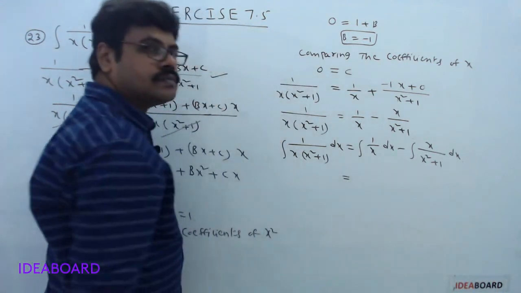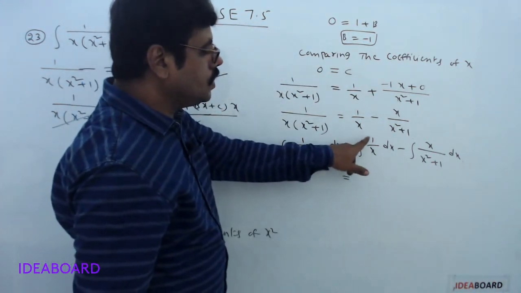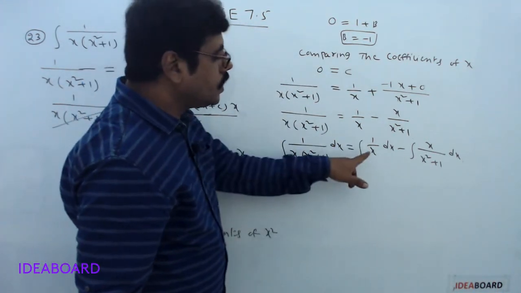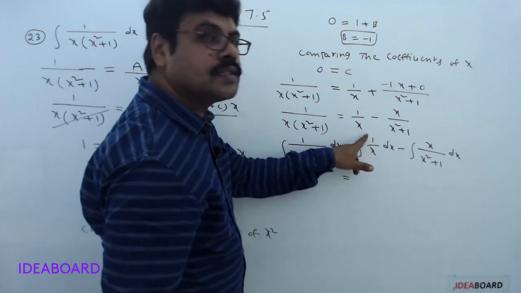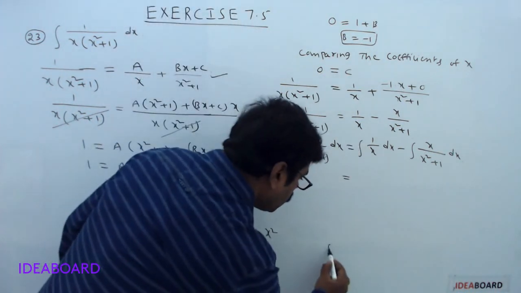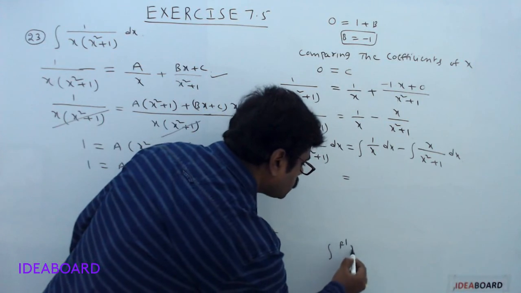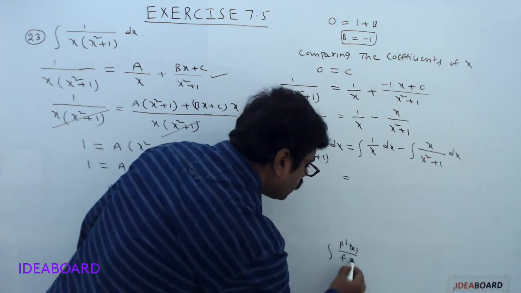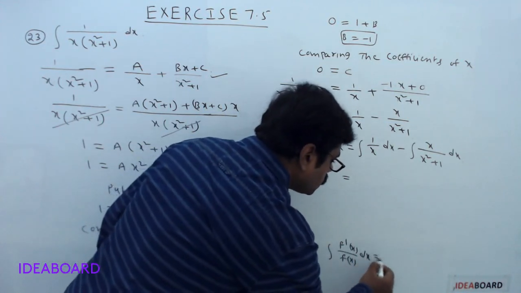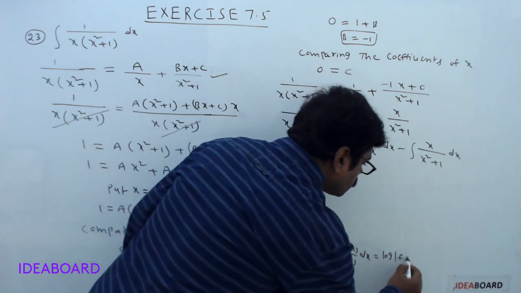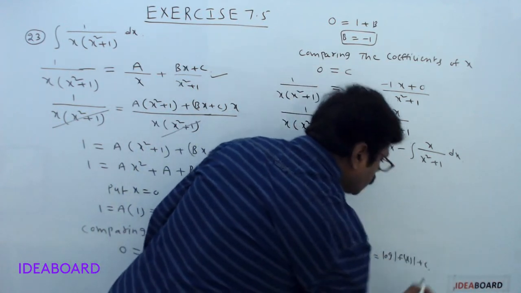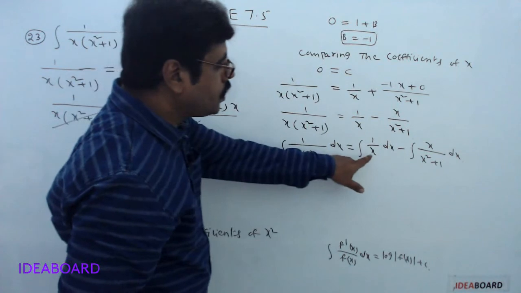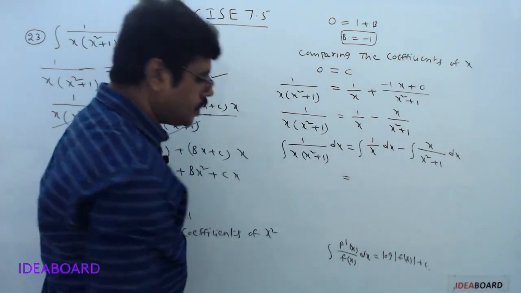Now this is derivative of x is 1. It means derivative of denominator is in its numerator. Now integral f dash of x divided by f of x dx is log mod f of x plus a constant c.